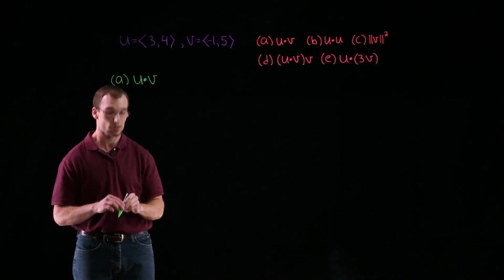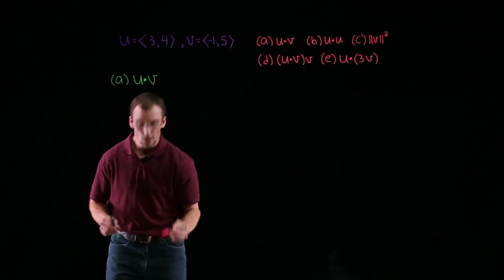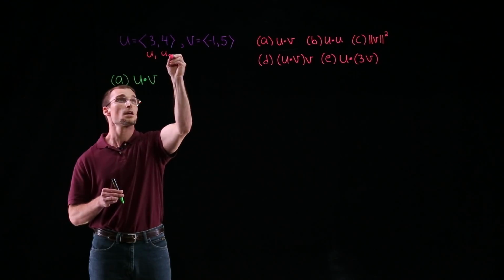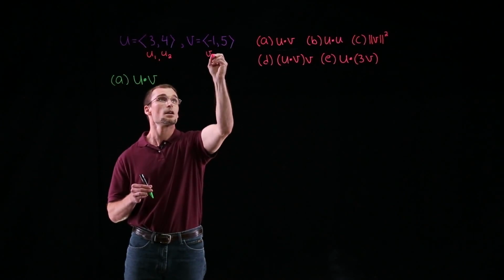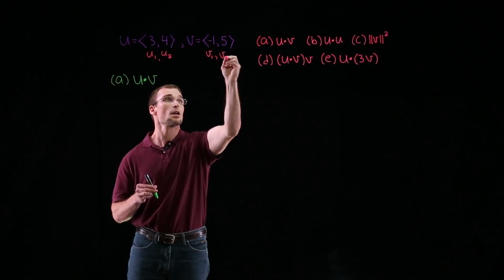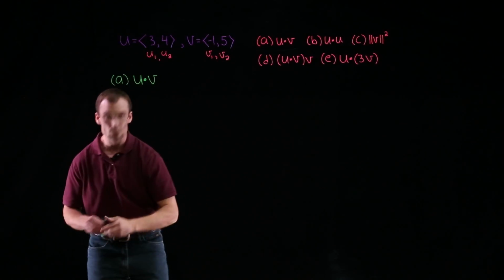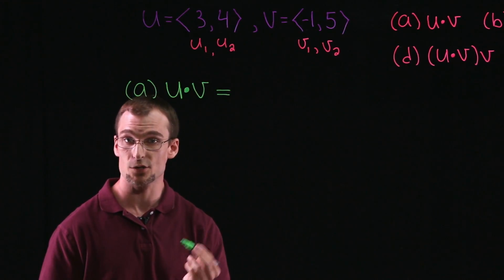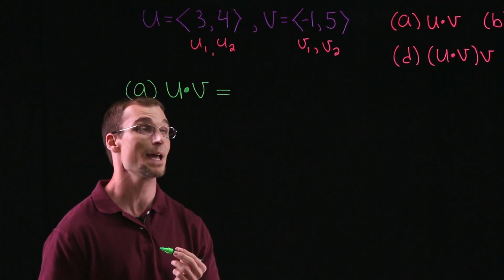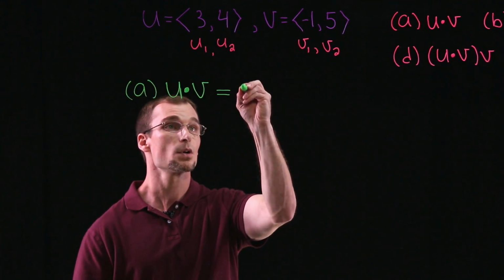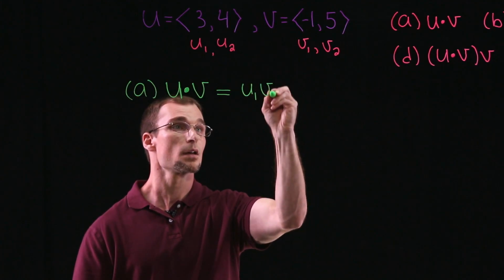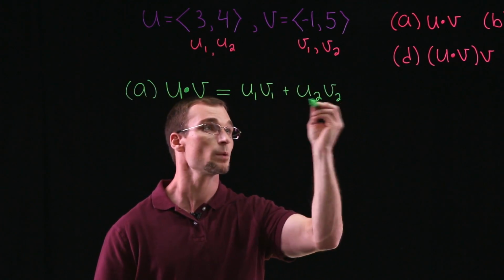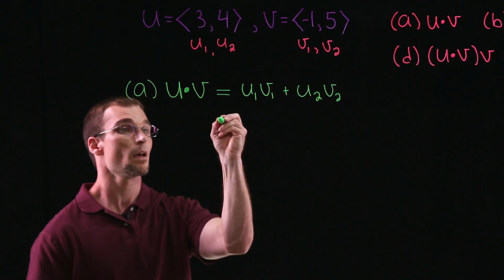The components in u we'll call u1 and u2, and in v, v1 and v2. The dot product is the component-wise multiplication from one vector to another, and then adding everything. So this is equal to u1 times v1 plus u2 times v2, and we would keep going if we had more components.